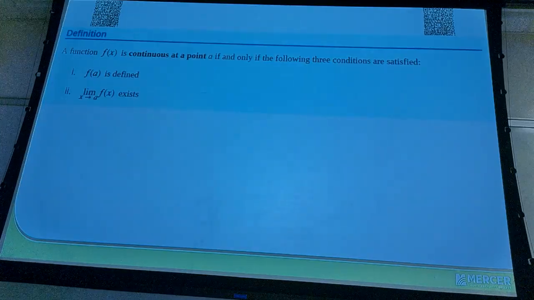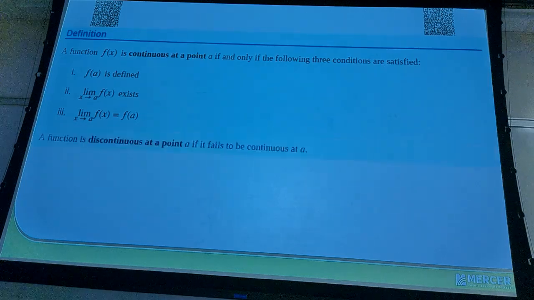And finally, the limit has to be f of a. If any one of these three conditions is not satisfied, it is not continuous at that point, in which case we say it is discontinuous.